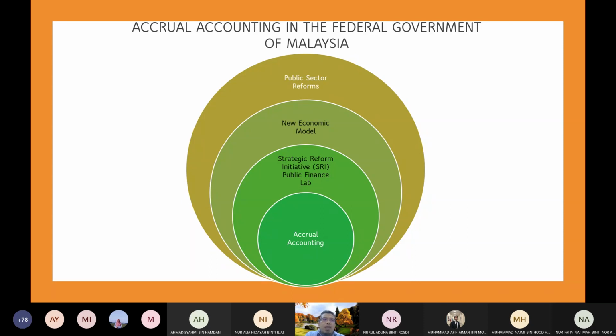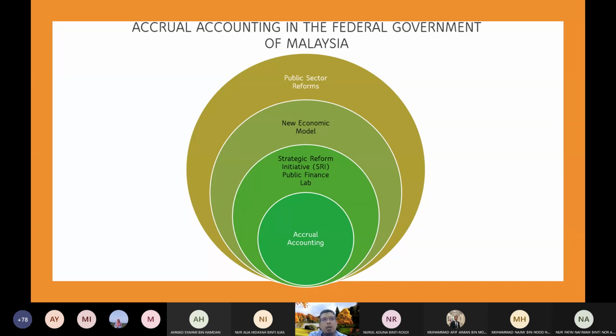From the news, they clearly mentioned that they engaged one of the big four firms to advise the government to implement accrual accounting. At that time, the news mentioned around 100 million ringgit was allocated for the implementation of accrual accounting. So the preparation to implement accrual accounting has been there.